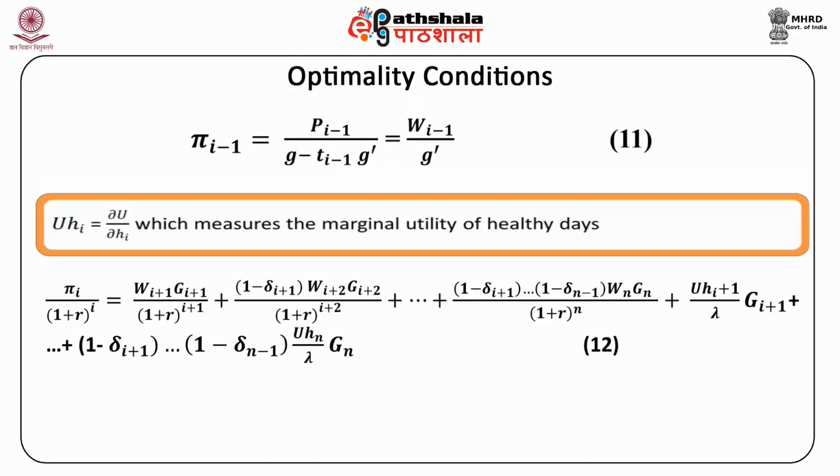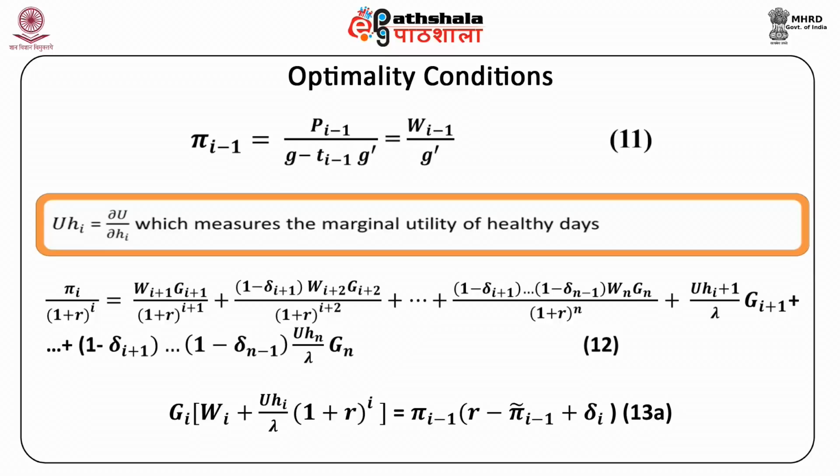Equation 12. From 10 and 12, Gi (Wi plus UHi upon lambda) upon (1 plus R) raised to the power i is equal to pi i minus 1 (R minus pi i minus 1 delta plus delta i), equation 13a.